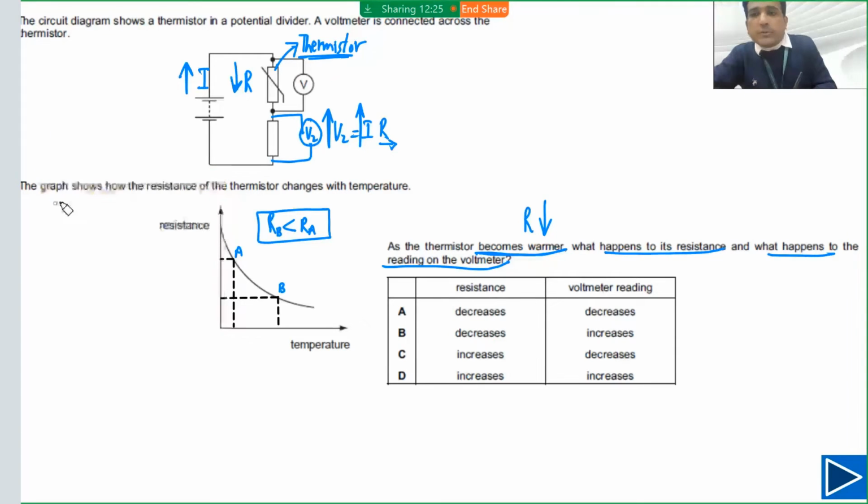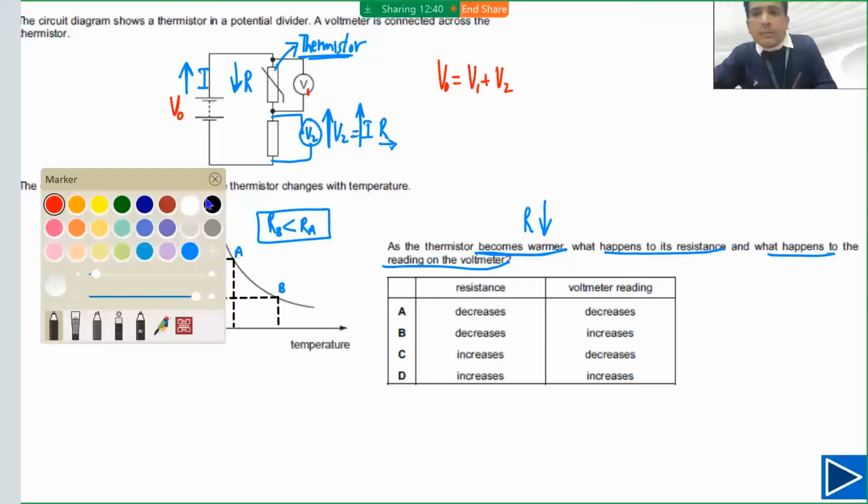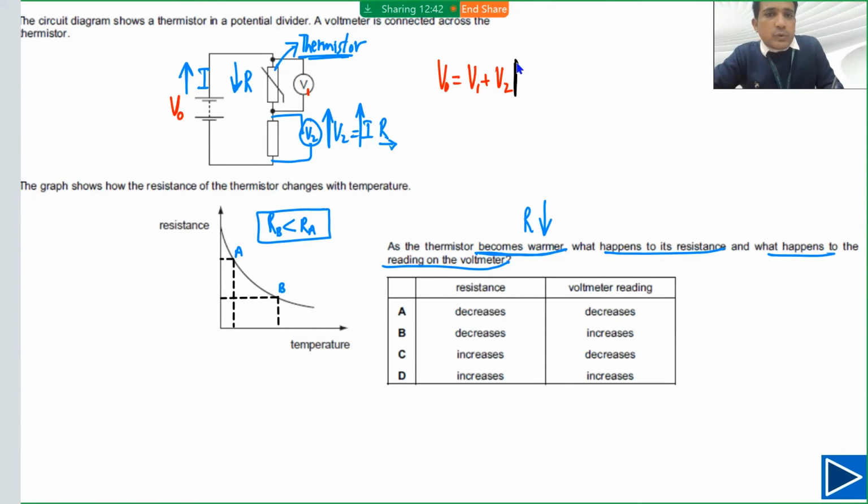Let's say terminal potential difference of power supply is V naught, and this is V1. So V naught is equal to V1 plus V2. In this case, V2 increases, but V naught is constant. Power supply EMF is not changing. So this reading V1 has to go down.